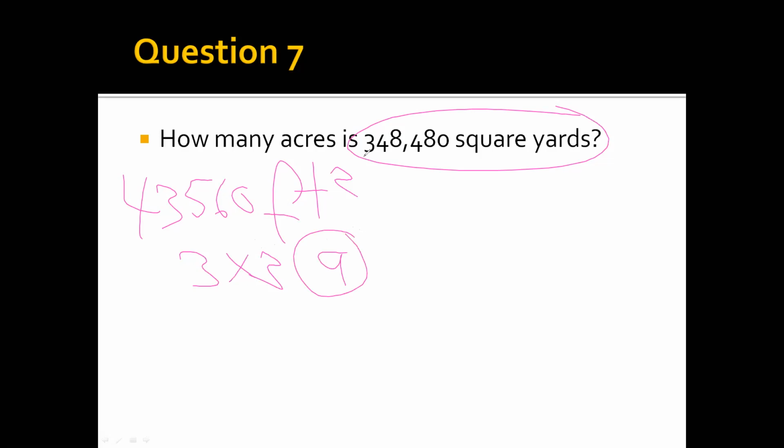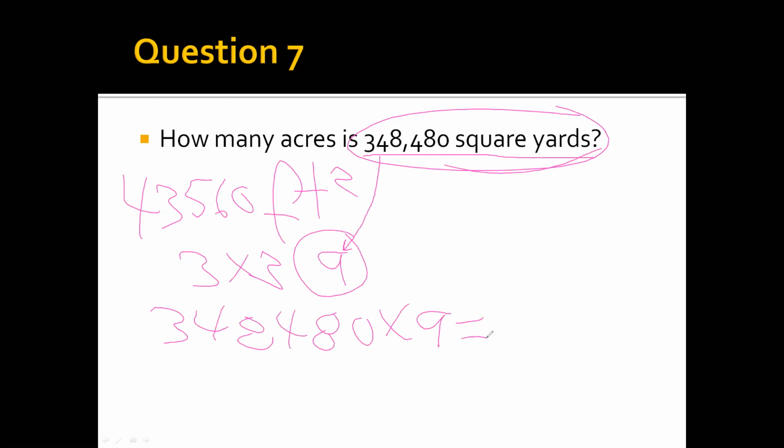So if we have this many square yards, that means we have 9 times as many square feet. So if we take 348,480, that's square yards, and multiply it by 9, that's going to convert it to square feet.